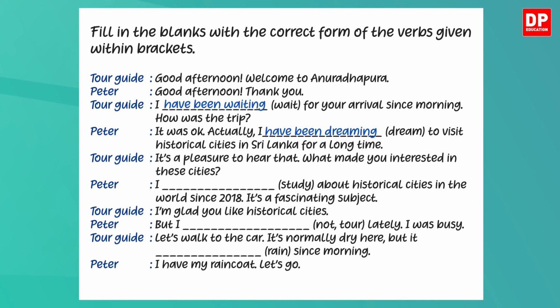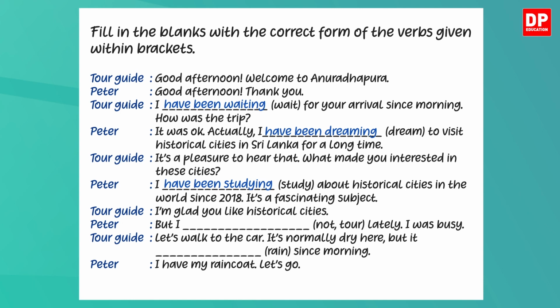Now the third one. In this one, Peter gives the year he started studying about historical cities, and it is understood that he is still doing that. So how do you fill the blank? It should be, I have been studying about historical cities in the world since 2018.